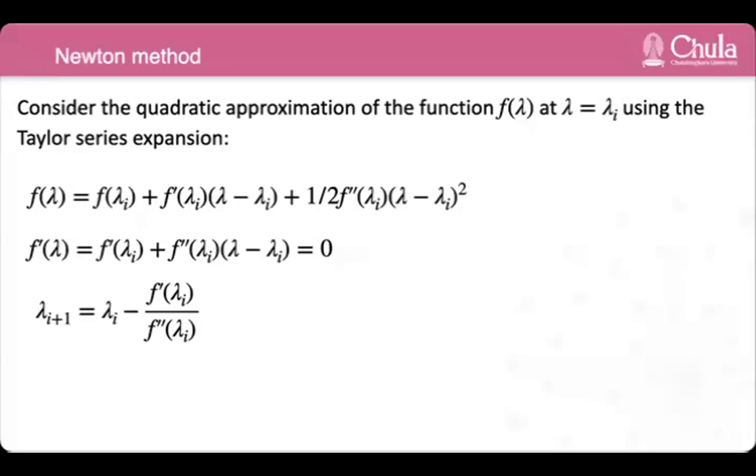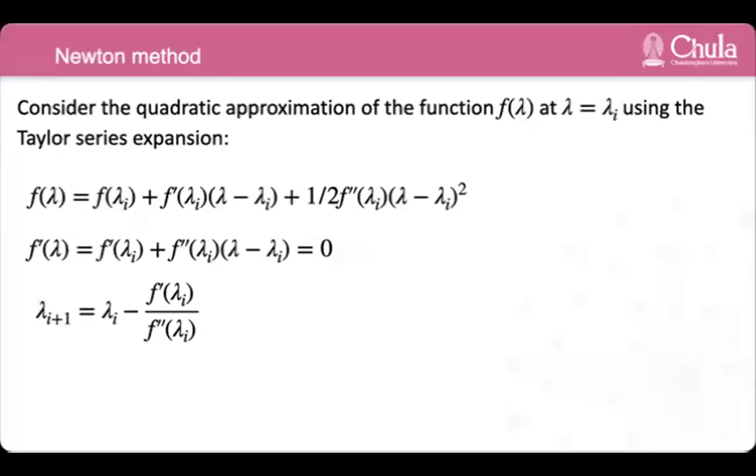So you see it's actually a quadratic function. Because we want the minimum point, we can find it by just taking the derivative of this function with respect to lambda. So we get this expression, and this is the condition for the minimum point: the derivative must be 0.